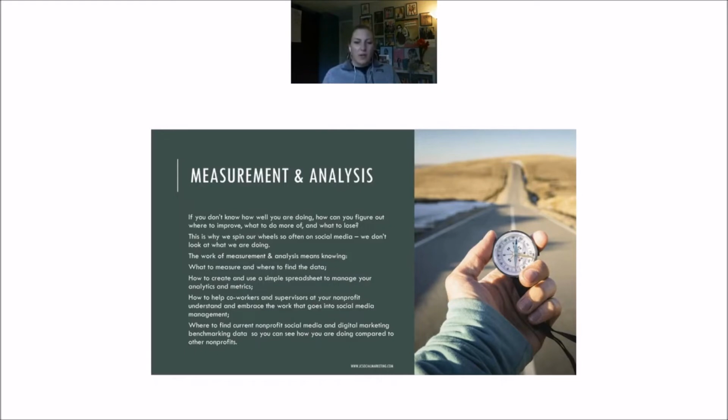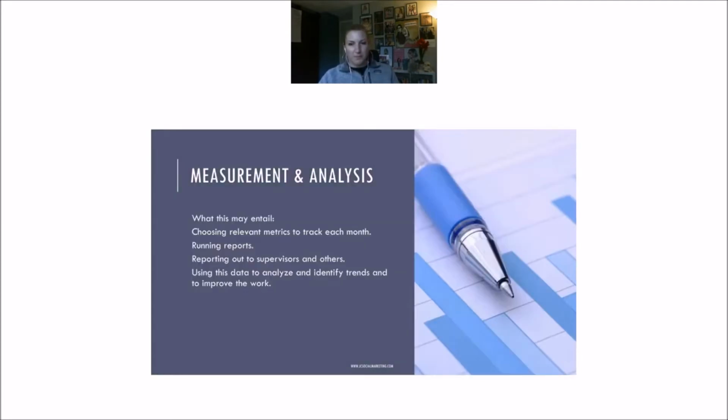This is also going to help you when you need that benchmarking data. So you'll be able to find benchmarking data for your own organization and say, oh, 6 months ago, this happened. June is usually a busy month, or November is a busier month. So we kind of know what to expect year over year. So there's not as many surprises.